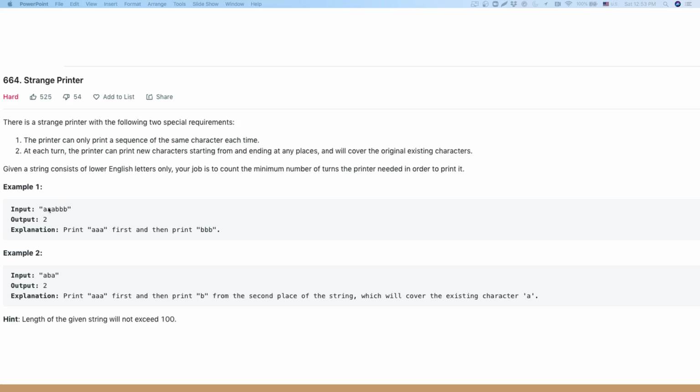For example, k can be here, could be here, but when k is up to here and we compare it with the first guy, we realize, wait a minute, this guy and this guy are identical. Which means if I print this guy all the way to here, this guy can be saved by the first print. So we can eliminate this guy.